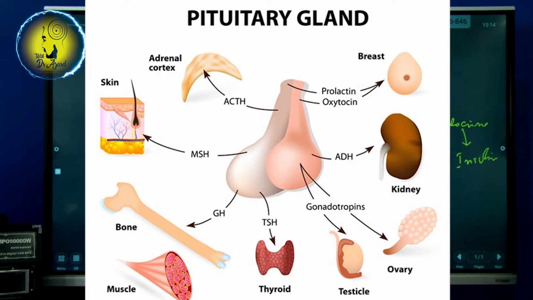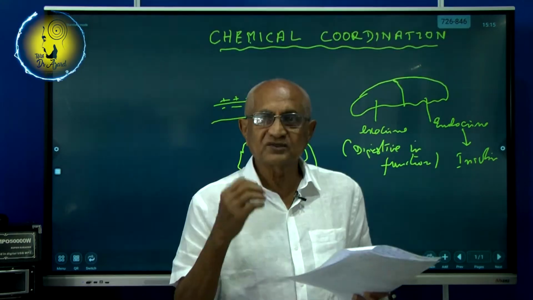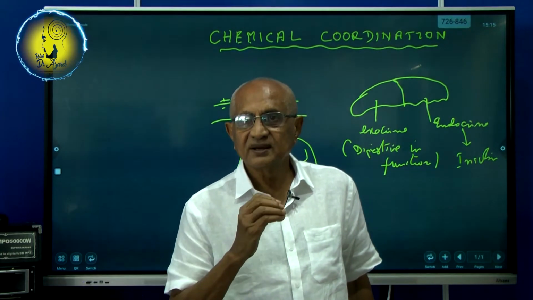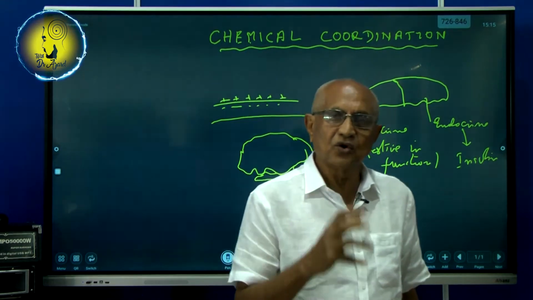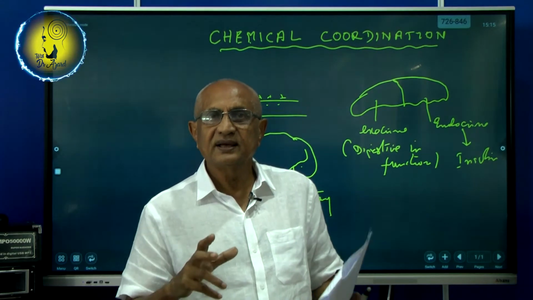Then antidiuretic hormone. Antidiuretic hormones control the amount of water in your blood. If you have more blood, that means more water in the blood, and this excess water has to be removed out of the body. So antidiuretic hormone controls the amount of water in the blood.